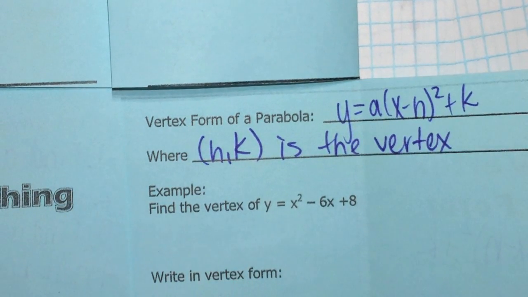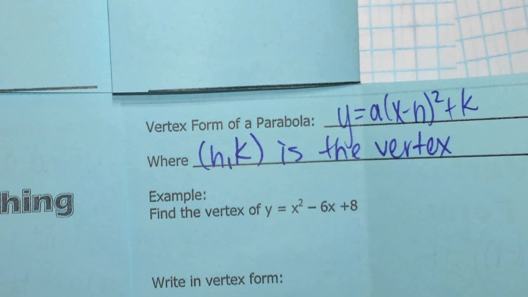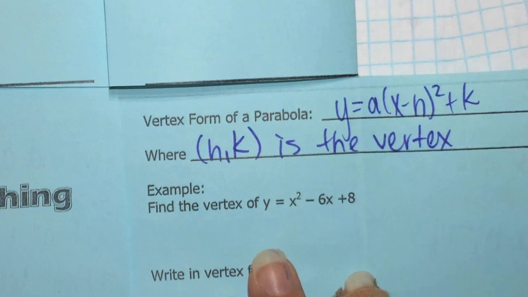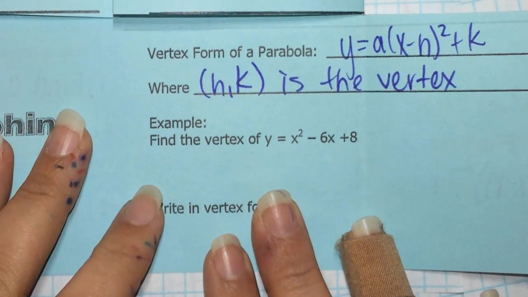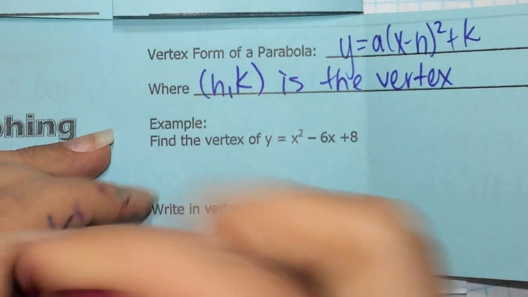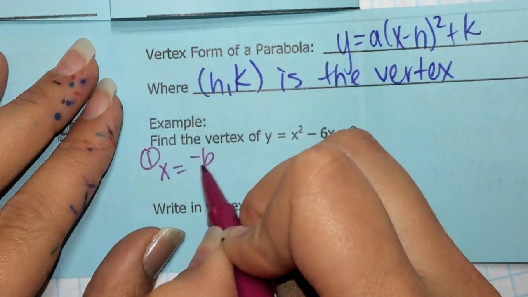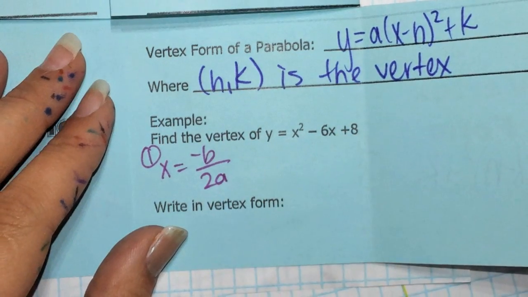Now, do you guys remember how we find the vertex from standard form? You got to find your axis of symmetry first. Good. So you first do x equals opposite of b divided by 2 times a.